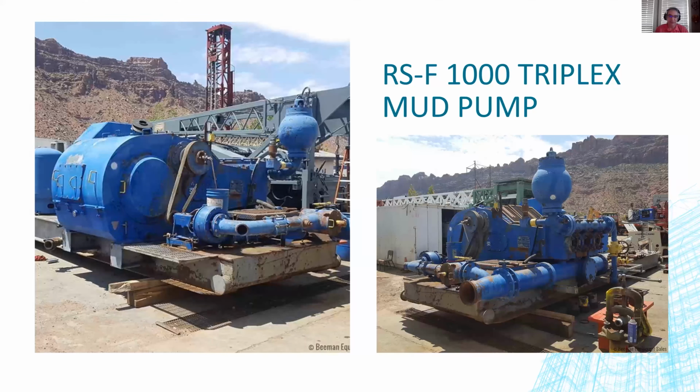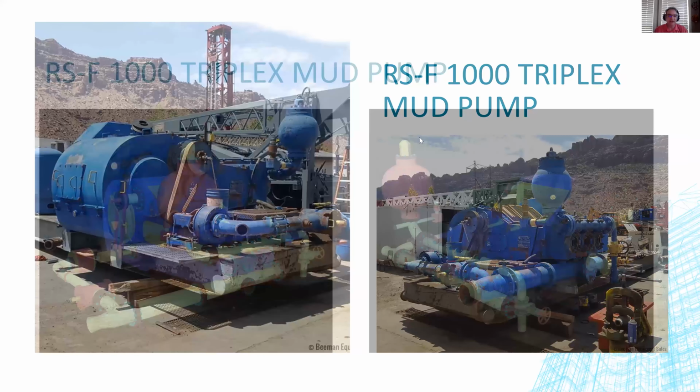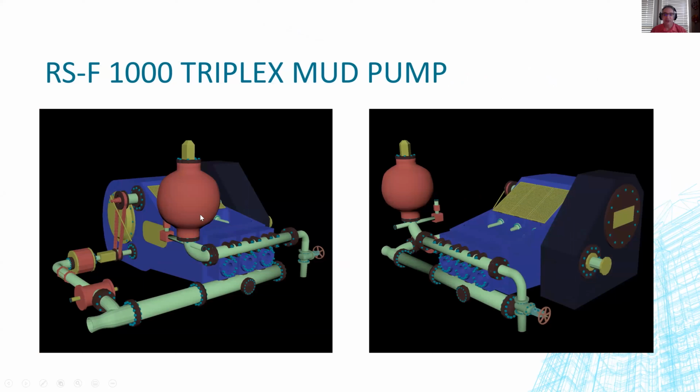So again, these are just regular pictures that you can take with your cell phone or find online, and then our process will create a full replica. As you can see here, that's now a digital replica, and we call it a digital replica versus a digital twin. So it's a replica of the built environment.